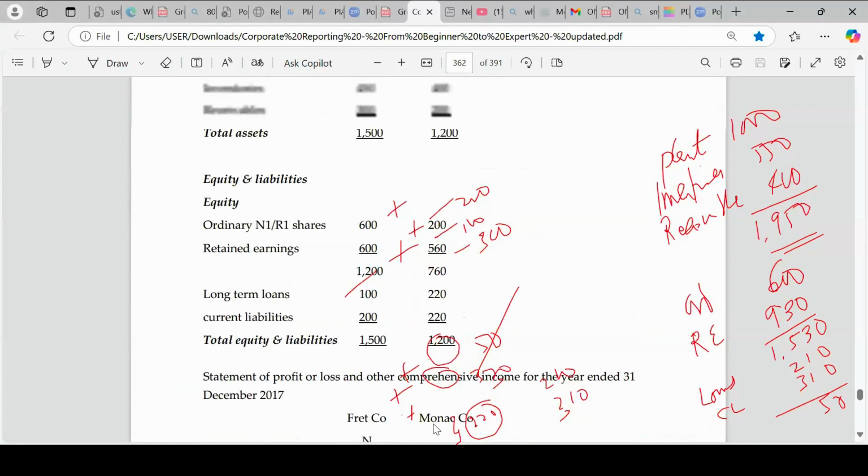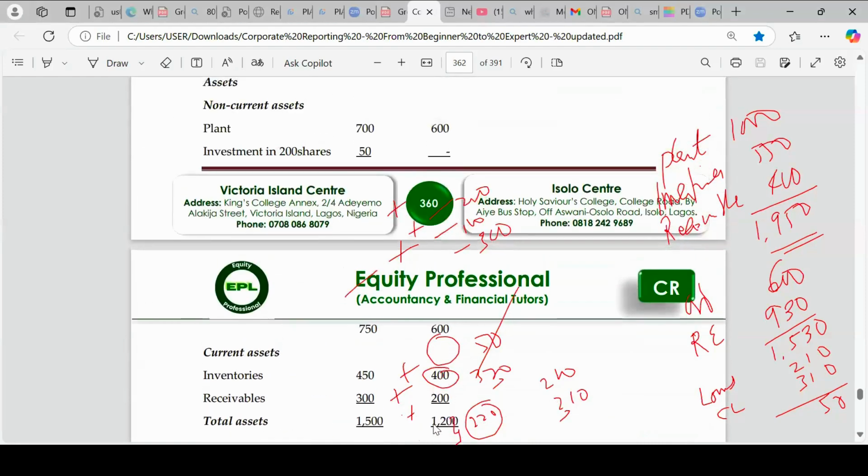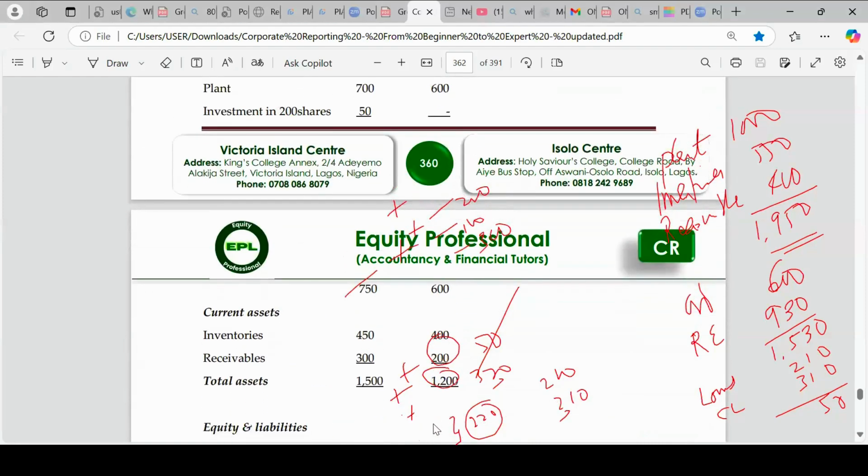How did I not get 550? Let me check. Oh, 450 plus 200. So that should have given me 650 instead. So this is 2,050. And then this is 2,050 as well. So that is our consolidated statement of financial position.